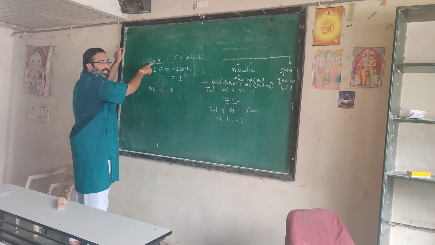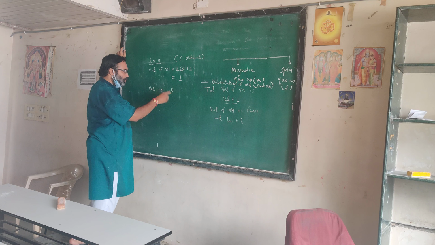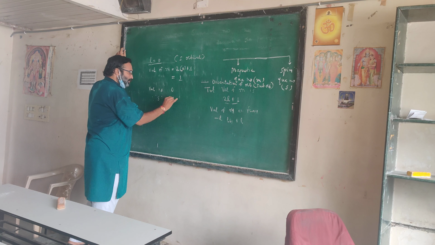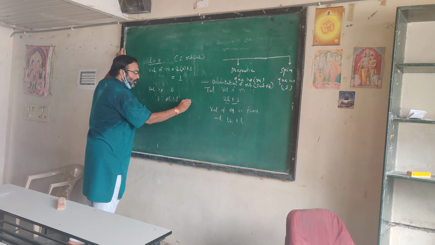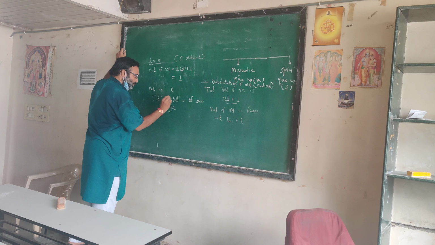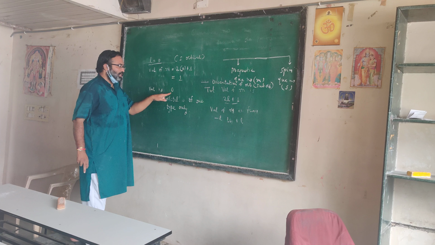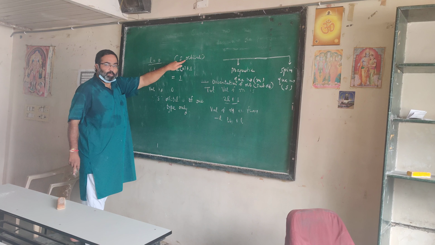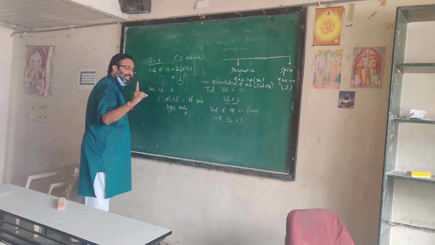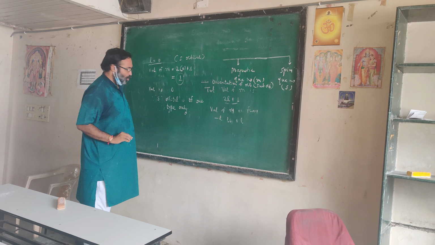Here l equals 0 is the s orbital, and for the s orbital m is also 0. Therefore the s orbital is of one type only, which means the s orbital does not have any suborbital.